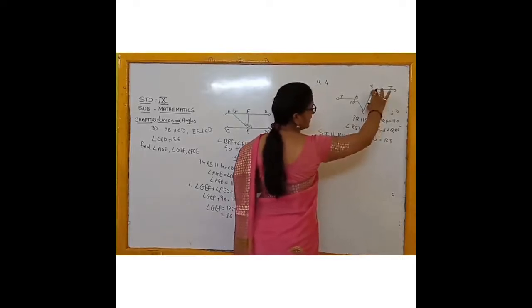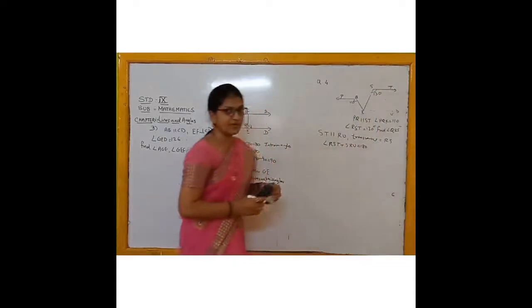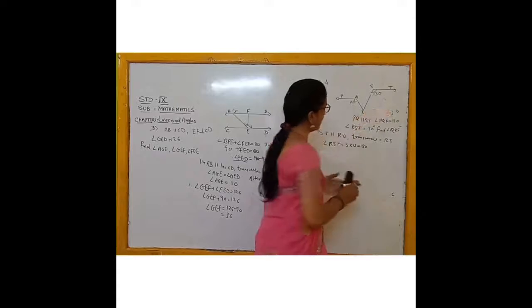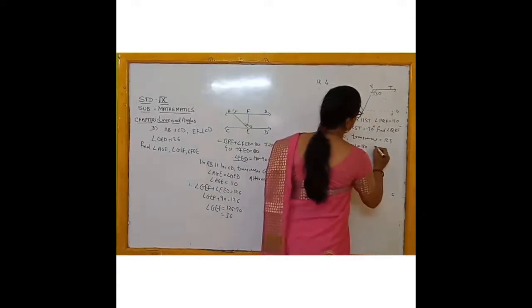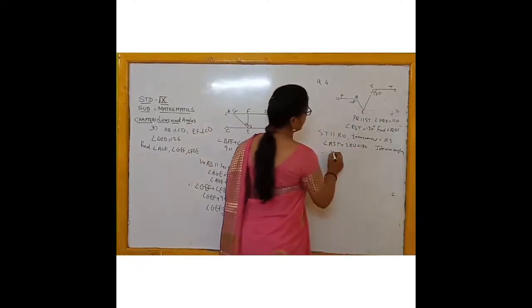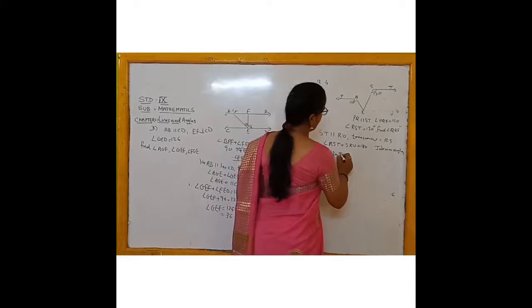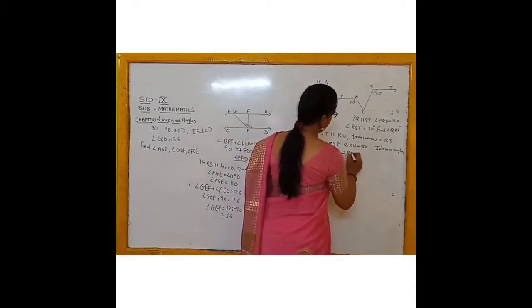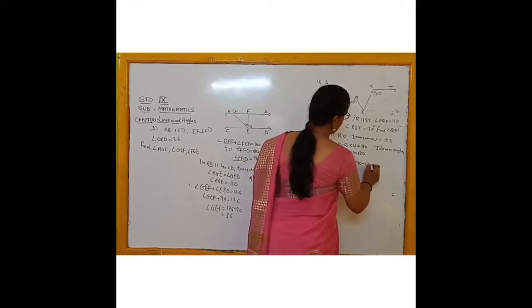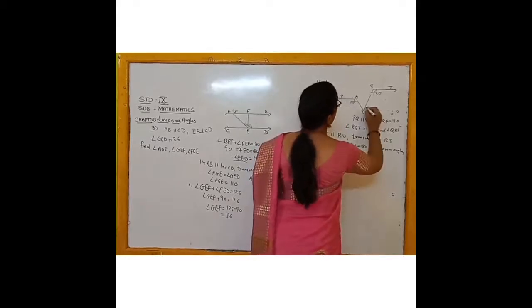These two are the interior angles on the same side of the transversal SR to the two parallel lines ST and RU. Therefore, 130 plus angle SRU is 180. So angle SRU is 180 minus 130, which is 50. So the answer is 50.